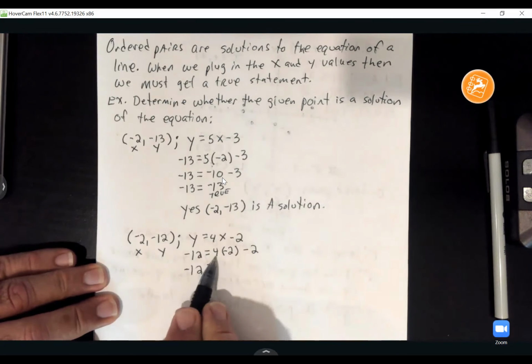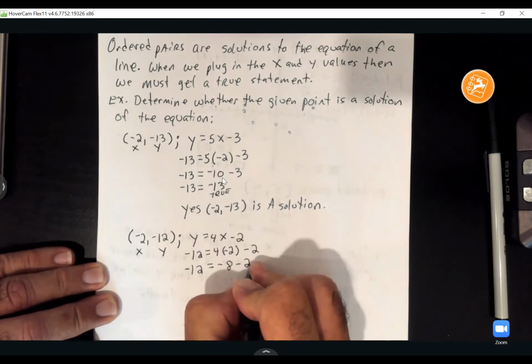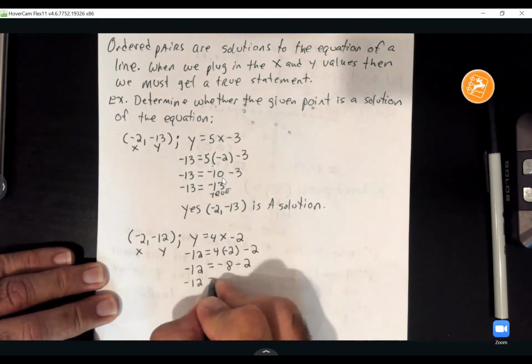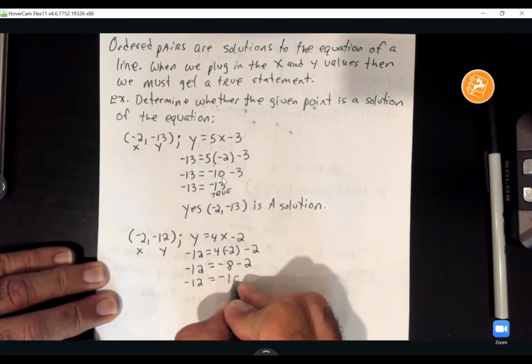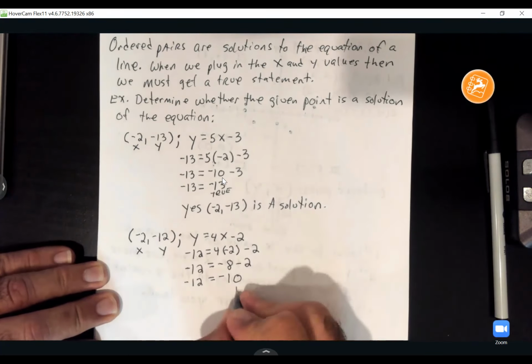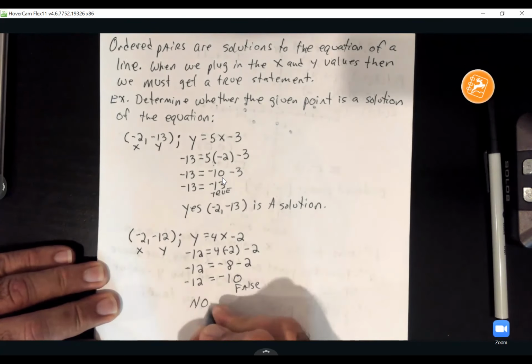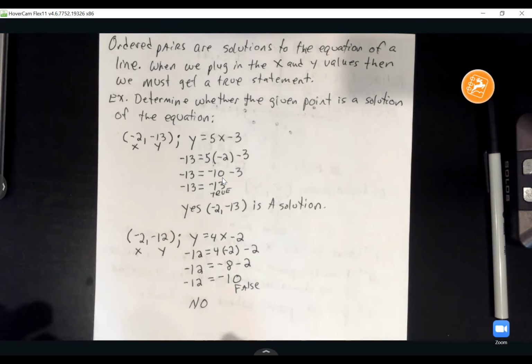On the right side, 4 times -2 is -8. Bring down that -2. And y'all look at this one. This one gives me -12 equals -8 minus 2 is a -10. So this one's false. So this would mean no. -2, -12 is not a solution.